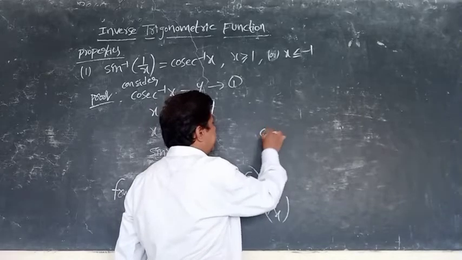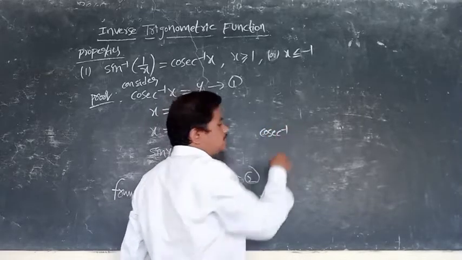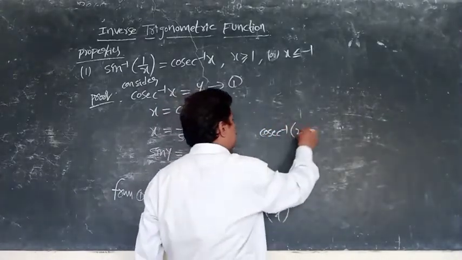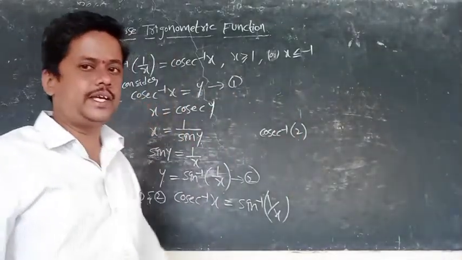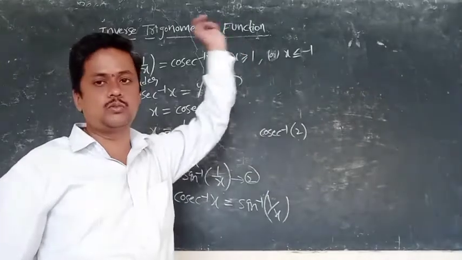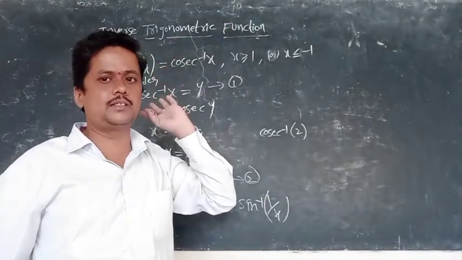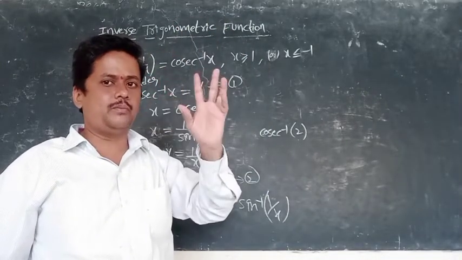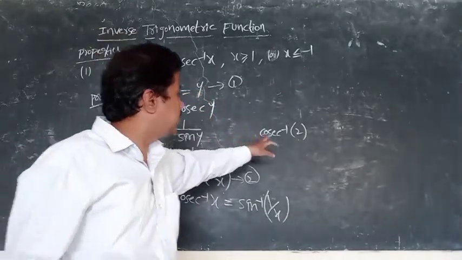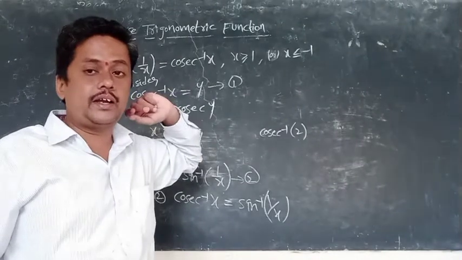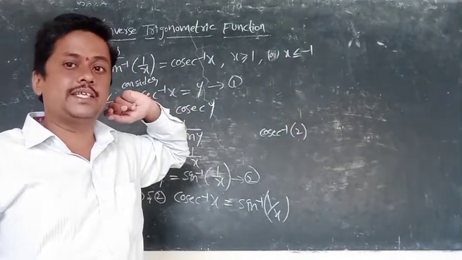So cosecant inverse 2. Some students are facing difficulty to find cosecant inverse 2, because they can't spot the value of cosecant. They are comfortable in finding sin values.